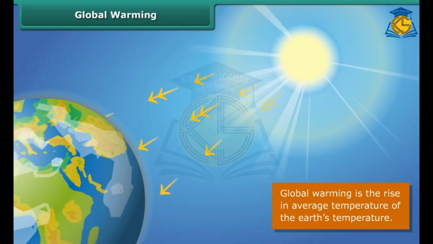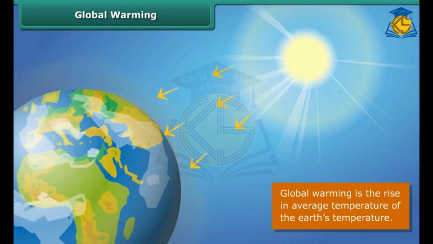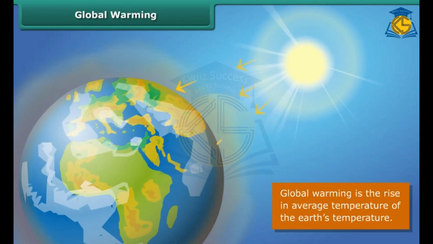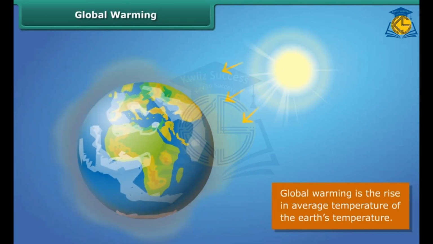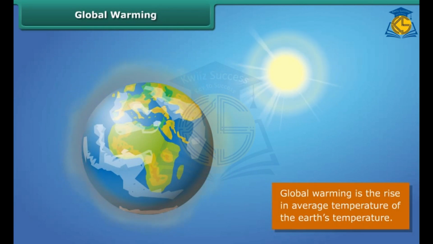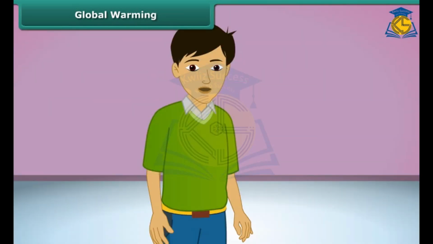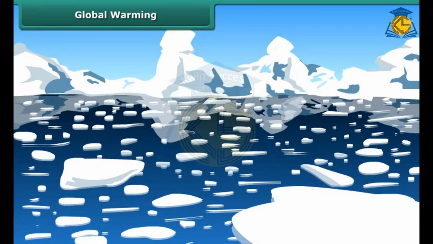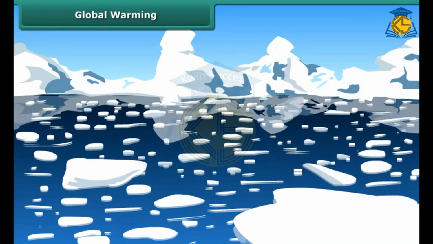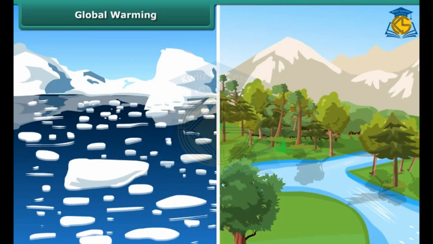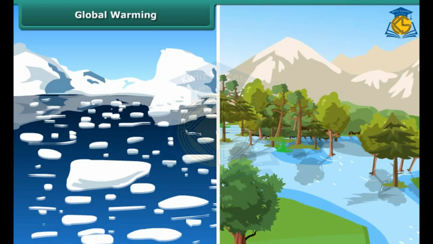Scientists believe that Earth's temperature is going to increase even more in coming years. Scientists say that the greenhouse gases like carbon dioxide trap the heat from sun and increase the temperature of Earth's atmosphere. Can you imagine the consequences of heating of Earth's atmosphere? It will melt the ice at poles, causing the sea levels to rise, which could flood the low-lying areas, thus affecting the habitats of plants, animals, and people.